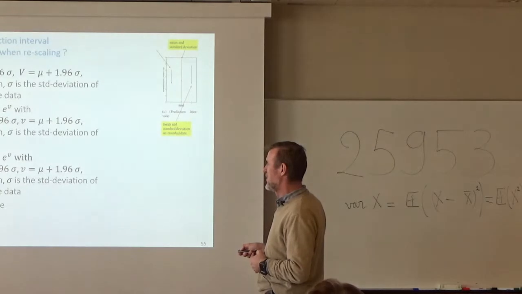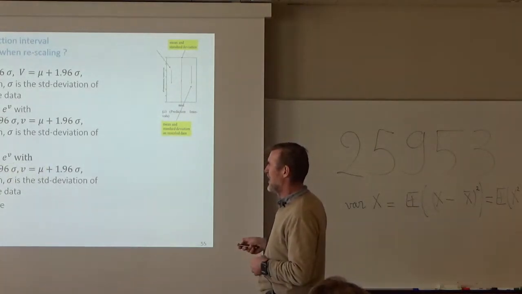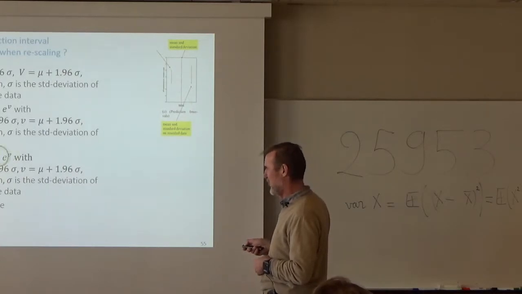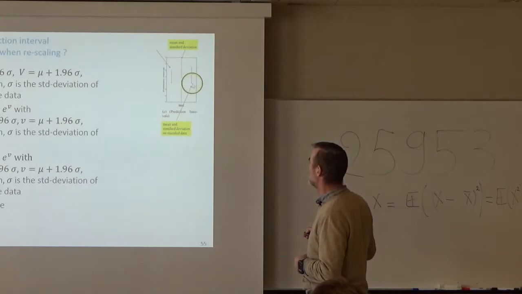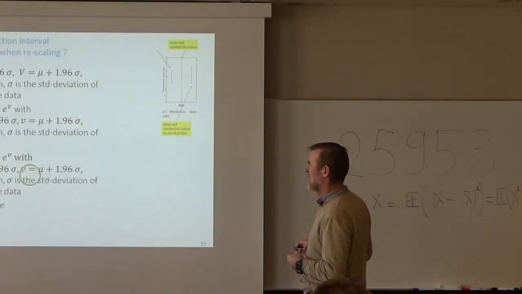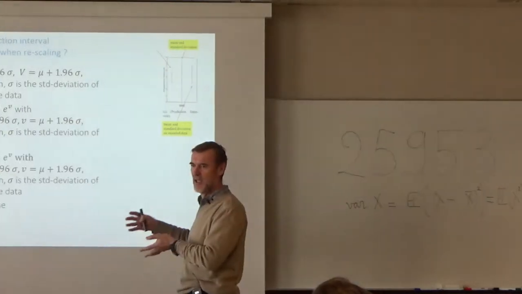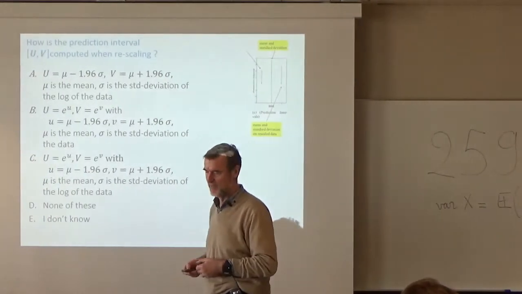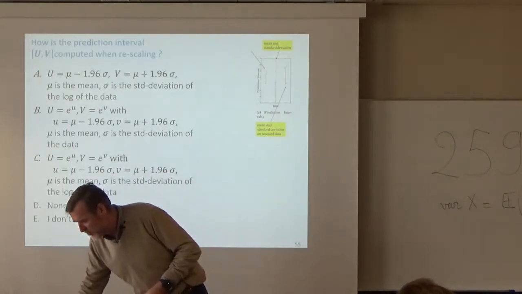So if some data point is between u and v, the exponential of this data point is between exponential u and exponential v. So this gives me those bounds here. So I need to do everything in log scale, and then using monotonicity, have a prediction interval here.